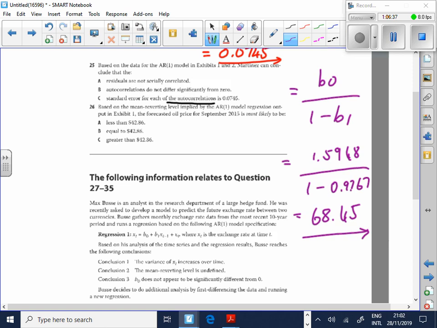You happy with that? Completely just a plug and play, guys. But you can see how important the numbers that we've worked on tonight are. What do you conclude in number 26, guys? C, that is obviously greater than 42. You guys comfortable?